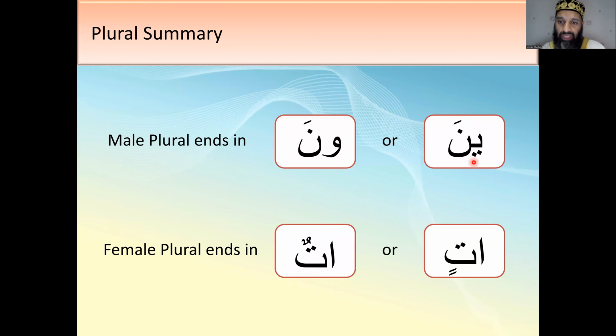Whenever you get an una or an ina ending, most likely it's going to be plural, right? Kafiruna, kafirina, sadiquna, sadiqina, hafizuna, hafizina. These are all plural endings. And for feminine words, atun or atin, one of them. Sadiqatun, hafizatun, abidatun, kafiratun.